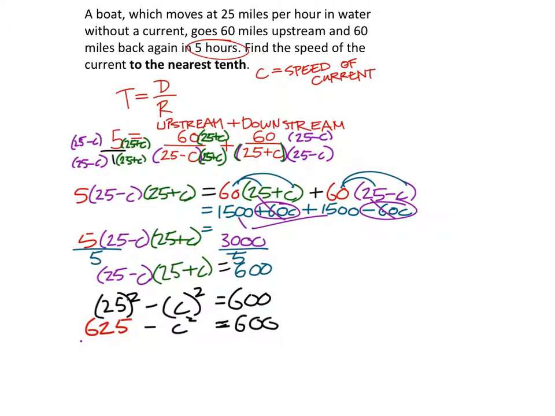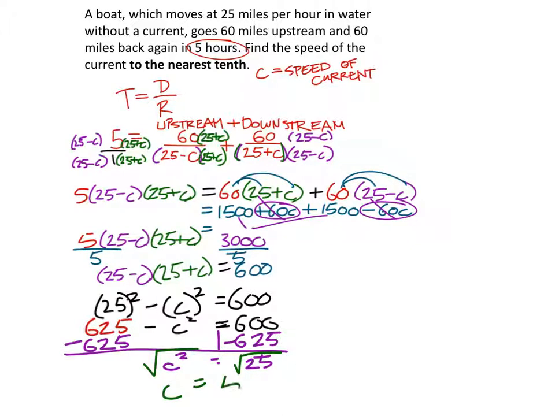And from here, right, just to solve the equation, we'll be subtracting 625 from both sides. And yeah, we could divide both sides by -1 just to get rid of the negatives. So C squared, let's just take this back a little bit. I would square root both of these. So that means that C could be 5, but it could also be -5, all right?